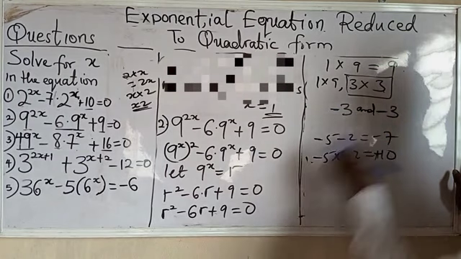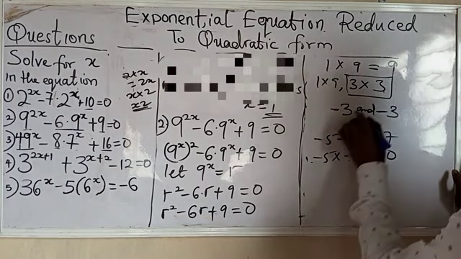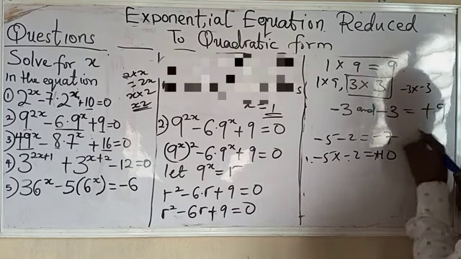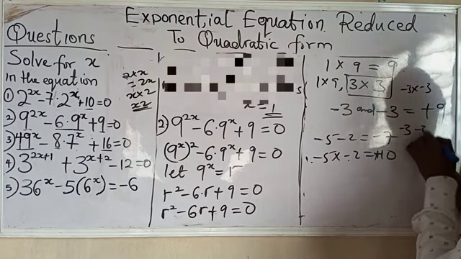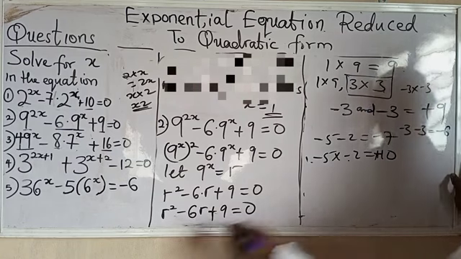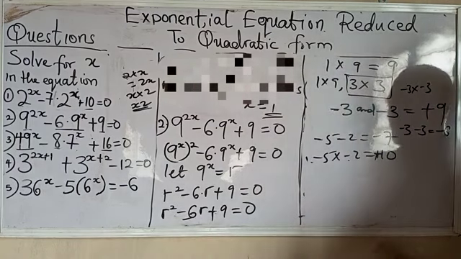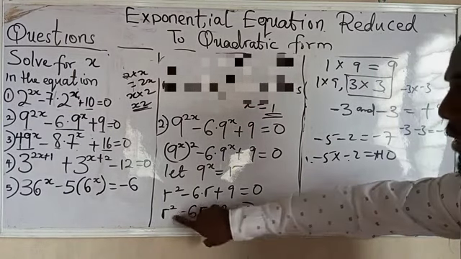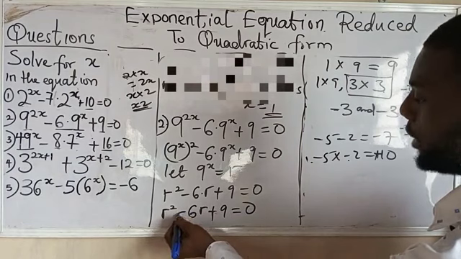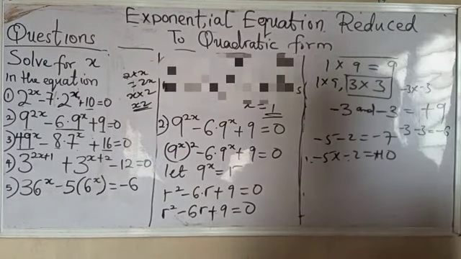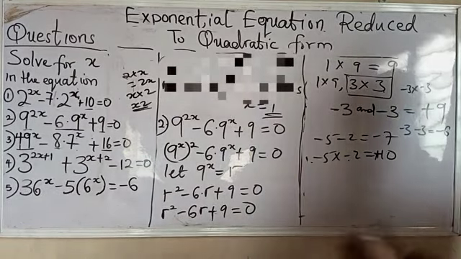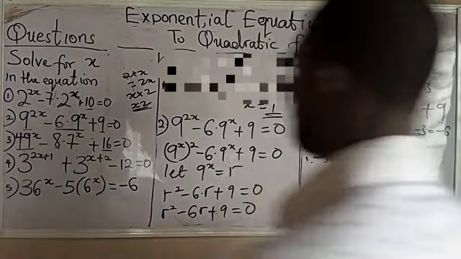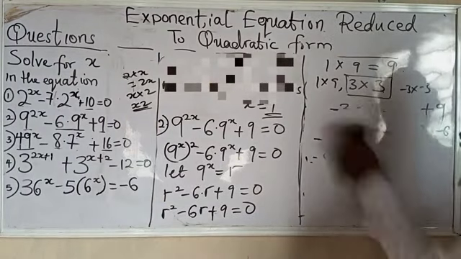Because when you multiply this negative, it will give this positive, that is -3 times -3 is plus 9, and also -3 minus 3 is -6, which is the middle term. So let's not forget that when the middle term is negative and the last term is positive, the two factors you find, make sure that negative becomes their sign. So let's proceed.